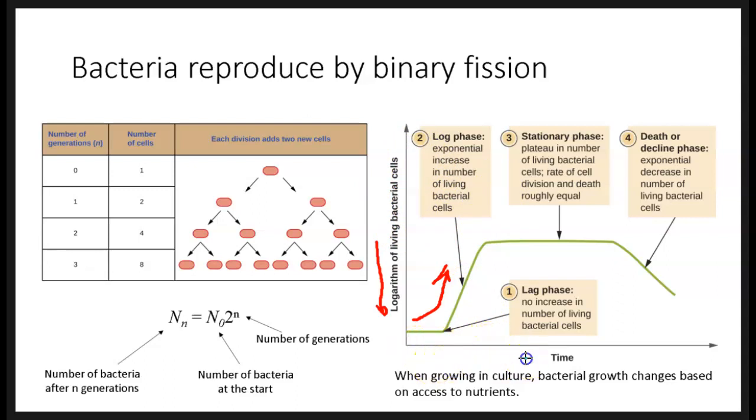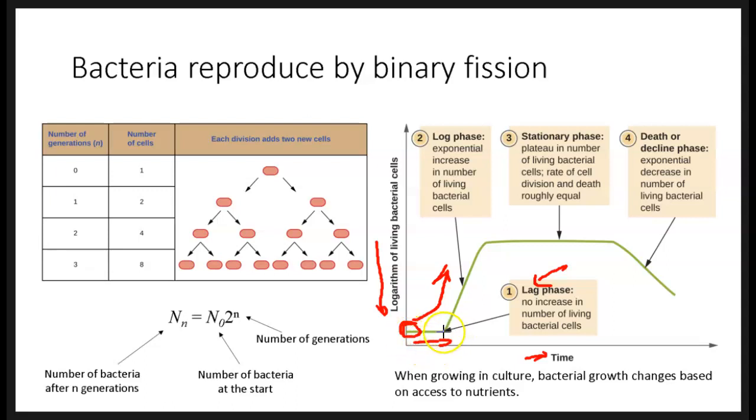On the x-axis here we have time, the amount of time that passes. We put some bacteria into a new culture with plenty of nutrients here. After a bit of time, we won't actually see an increase in the number of bacteria. And that's because this is what we call lag phase. It often takes bacteria a little bit of time to adjust to their new environment.